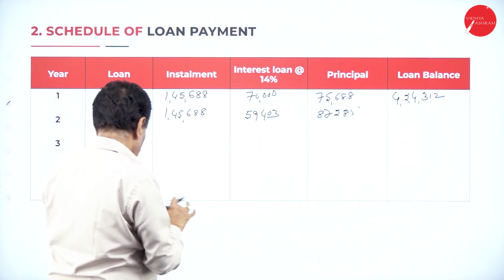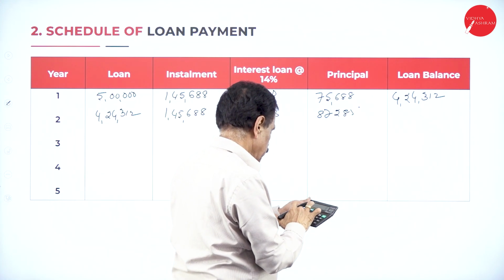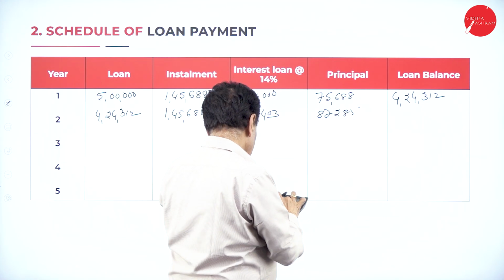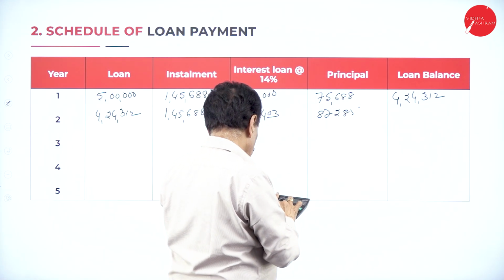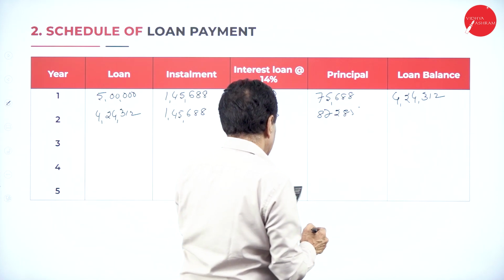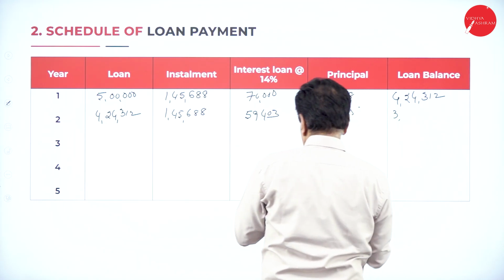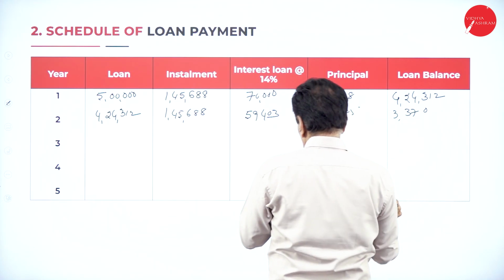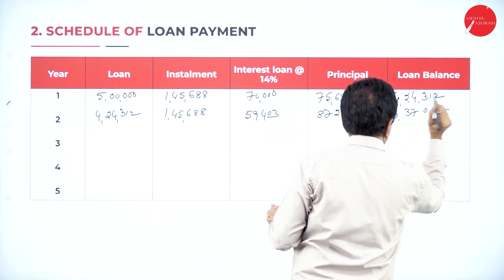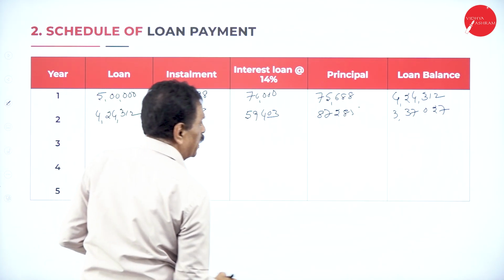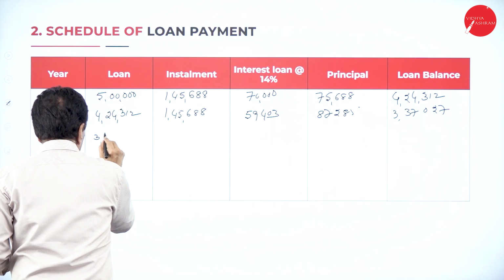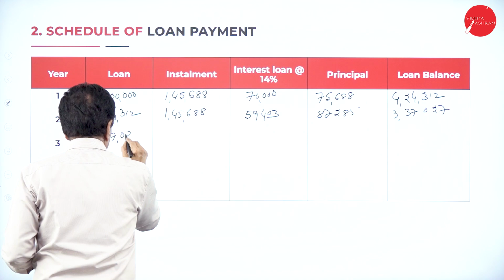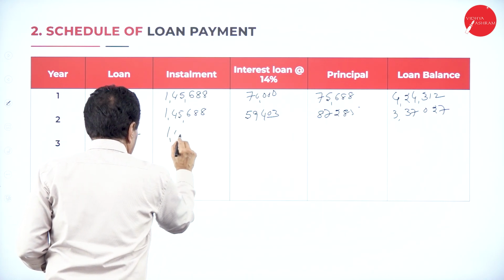So deduct: 4 lakh 24,312 minus 87,285 is 3 lakh 37,027. Third year balance is 3 lakh 37,027. Your installment is 1 lakh 45,688.